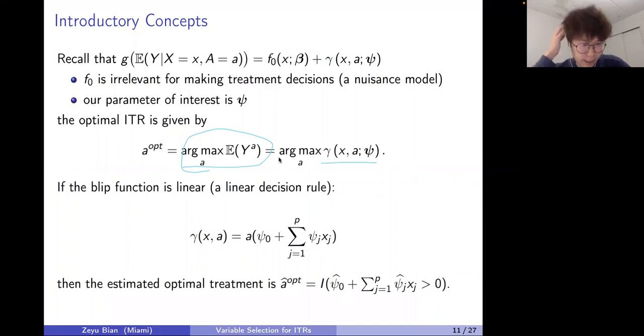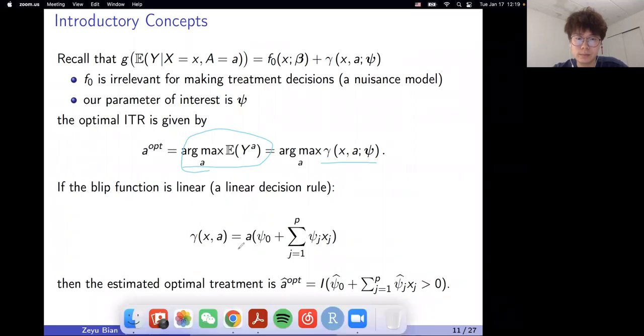Okay, let's see an example. If we assume that the Blip function is linear, that is in this form, then the estimated optimal treatment rule is just simply in this form, where this I here is the indicator function. So let's see why. So if this term inside this parenthesis is larger than 0, then the treatment decision should be A equals to 1.